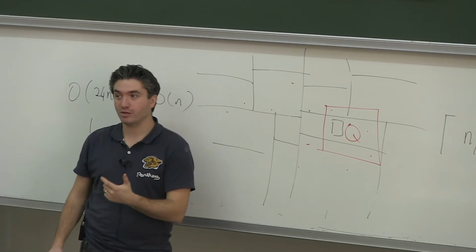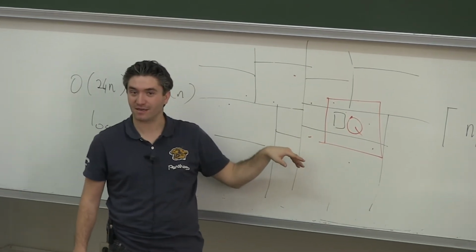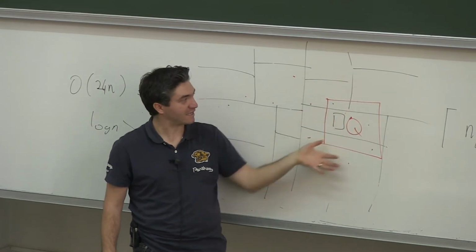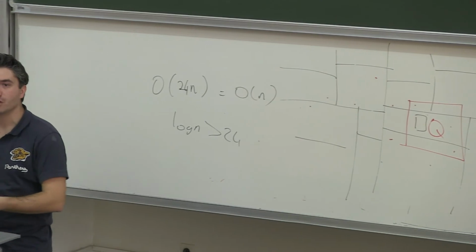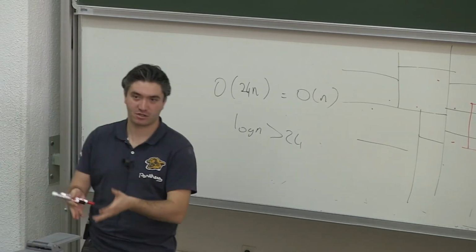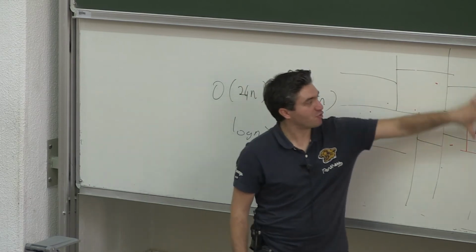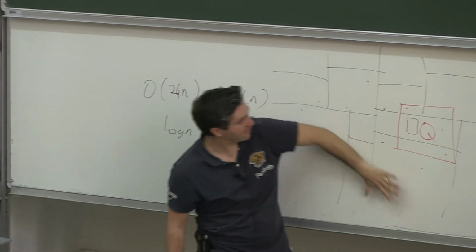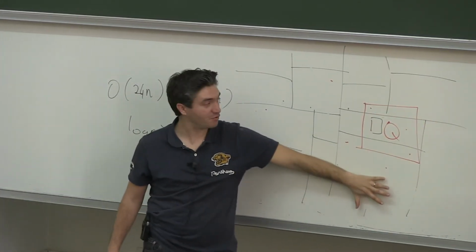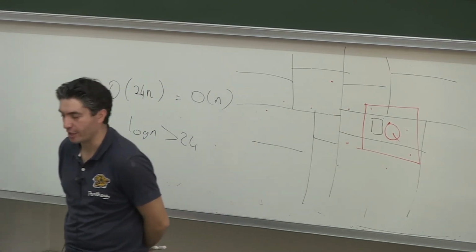The third case is that the region intersects the query region partially. In that case, I continue searching in this child node. So I continue my search with the right child of the root, since this query region is contained within it.